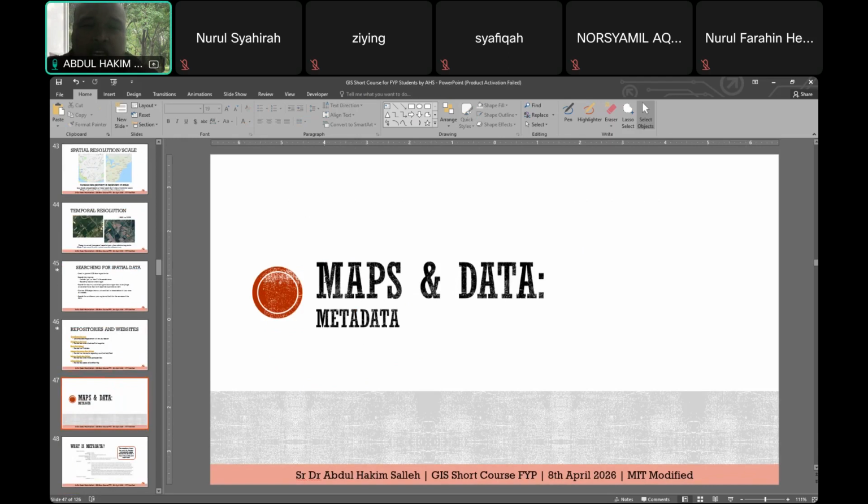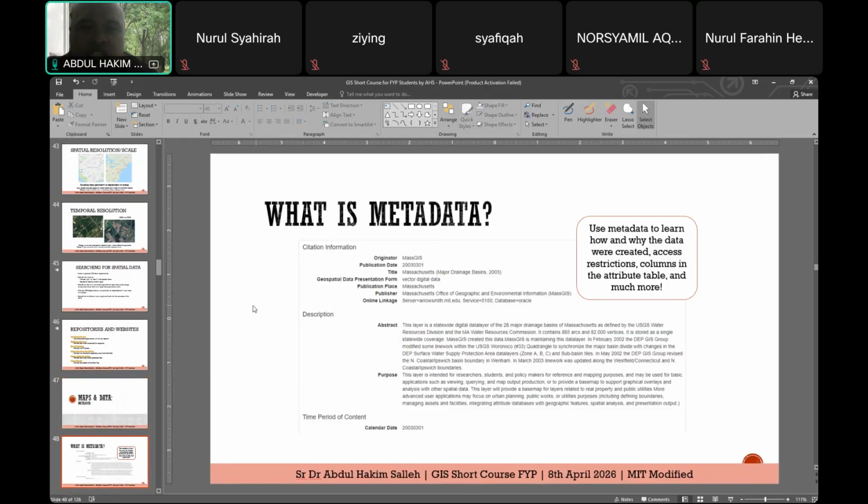Next, on maps and data is the metadata. Metadata is the information of the data of the data. Okay, so these are examples of the data of data. How to explain the data, whether it has coordinates data or not.